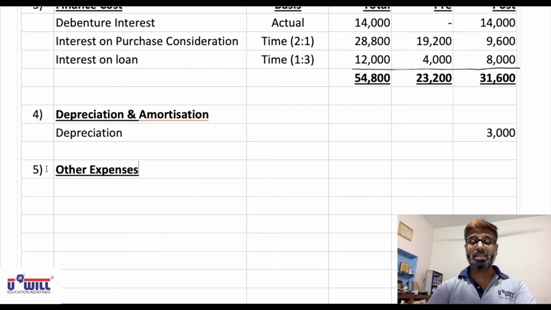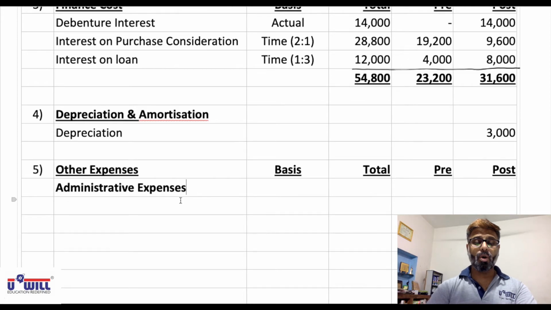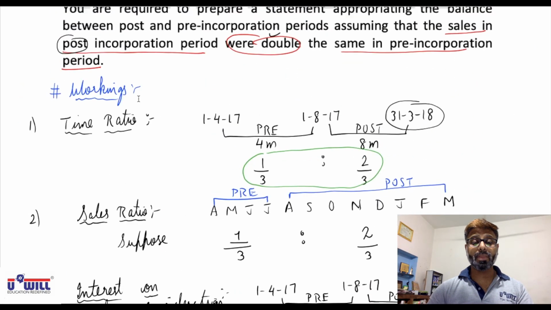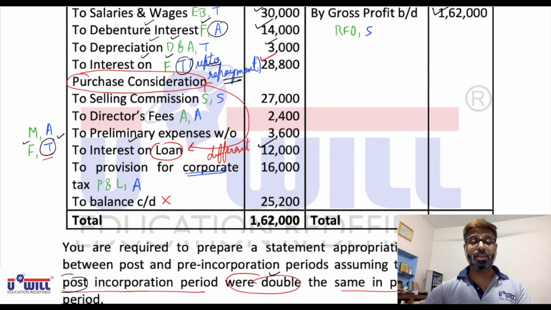For other expenses, we always have to make the columns of basis, total, pre and post. We always have to make these columns for other expenses. First in other expenses is administrative expenses. All the items marked as A will be taken here. Which items are marked as A, you all can see here.